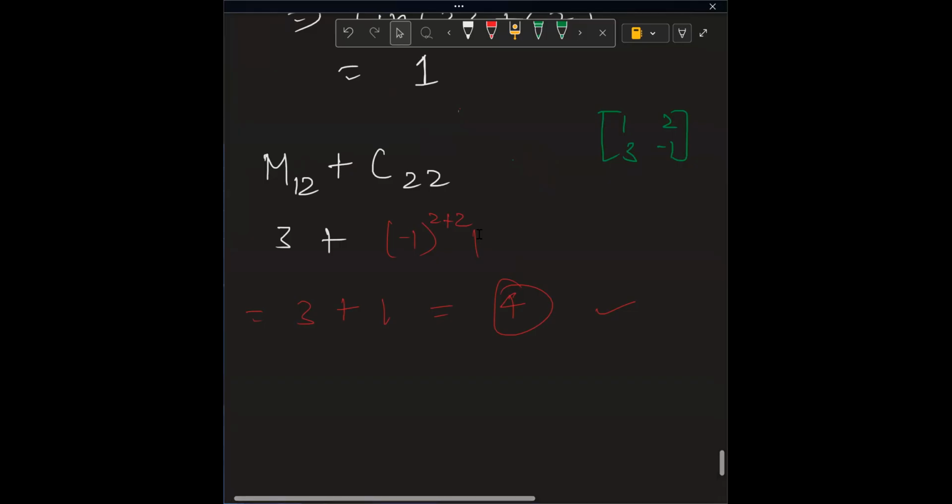And you told me that you did it by A as a cofactor. Anyway, both things are the same.